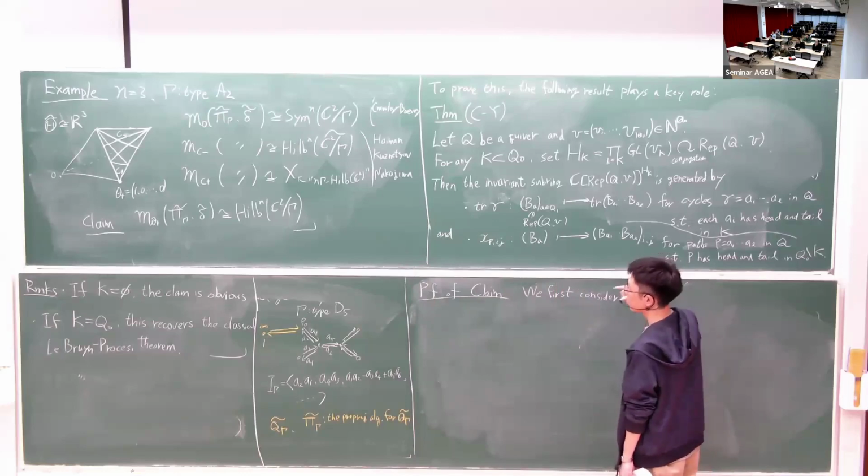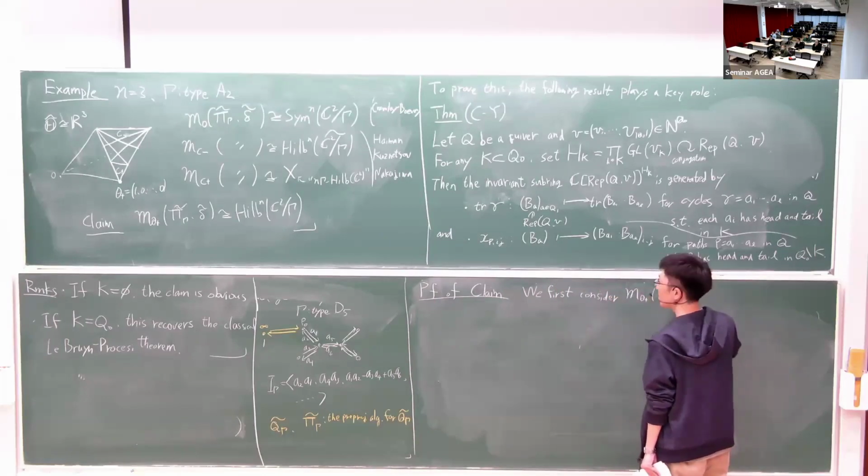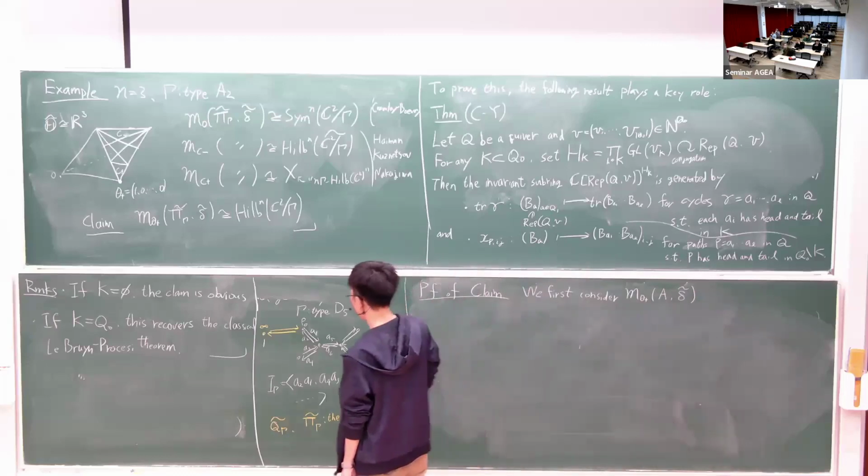So instead of pi gamma tilde, we consider a new algebra A with the same dimension vector delta tilde.